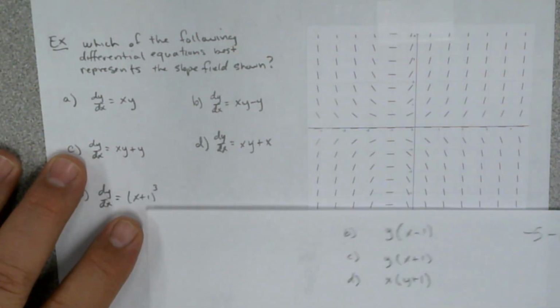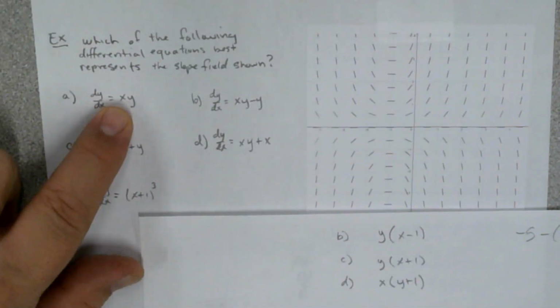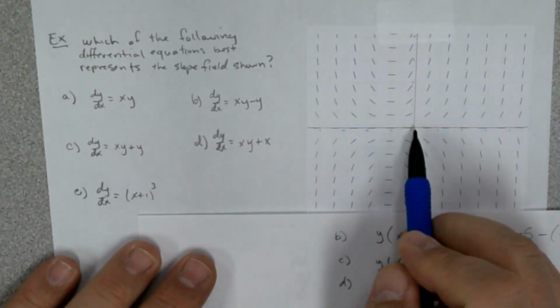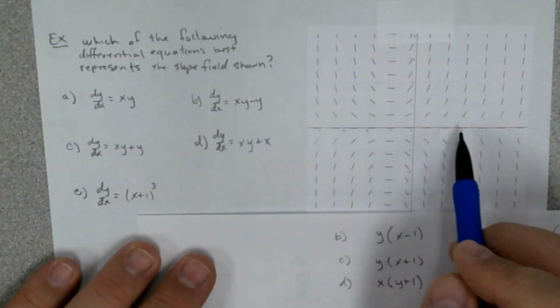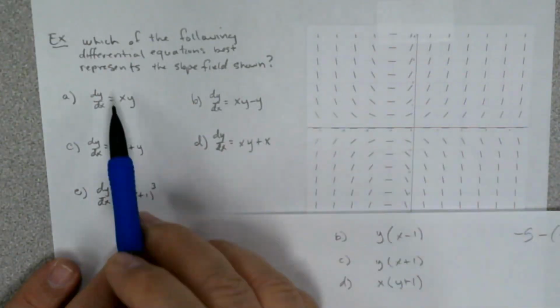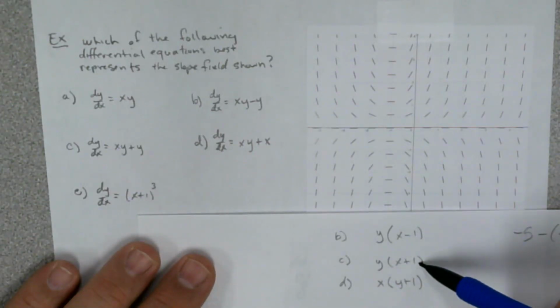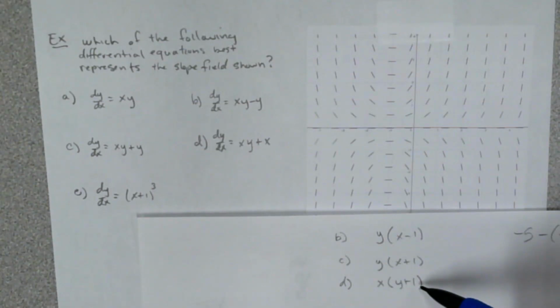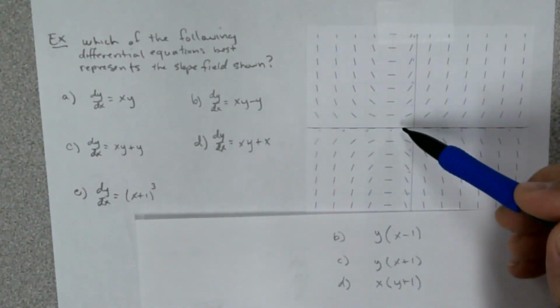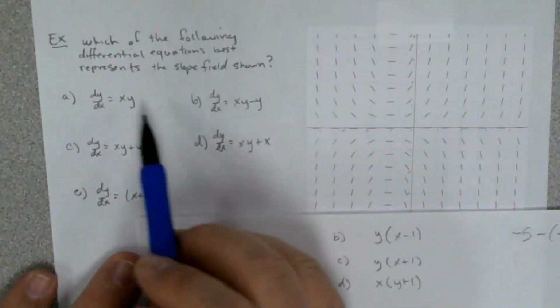So if I look at those, and this one's already a product, when y is 0, that would be 0. When y is 0, that's 0. When y is 0, that's 0. When y is 0, well, that's not. Okay, so I think D is out. When x is -1, I need to get a 0, so that's out.